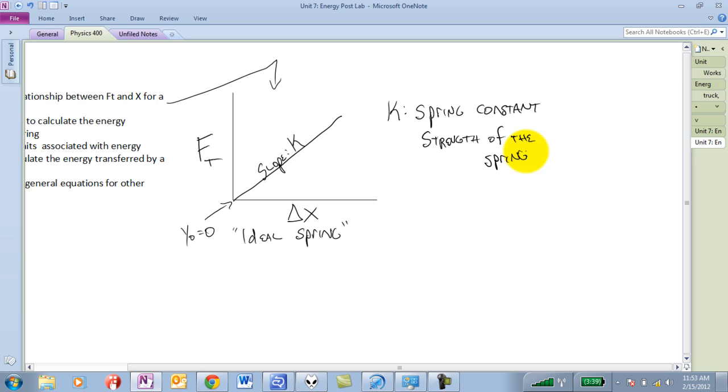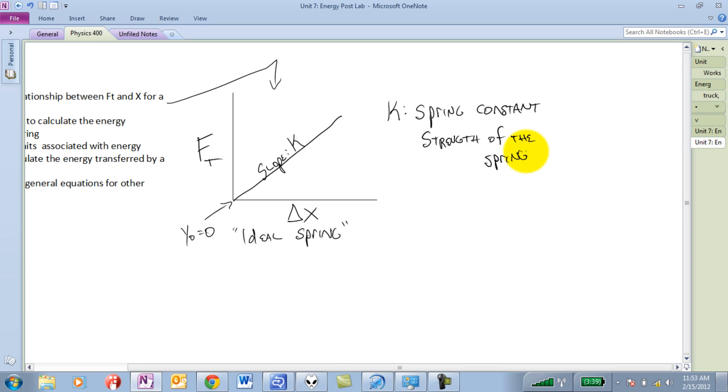Heavier duty springs, like the couch spring I showed you yesterday, have a larger spring constant than other springs, the ones that you were using in your lab. So that spring constant K refers to, again, how many newtons it takes for it to expand or contract a meter.